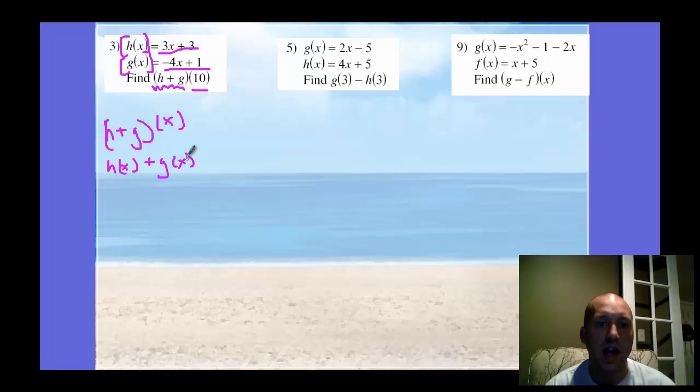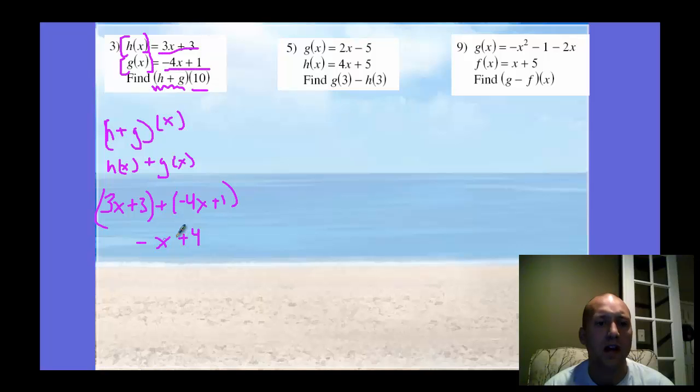So you're just adding the two functions together. If we write down the two functions, h of x is 3x plus 3, and we're going to add to it g of x, which is negative 4x plus 1. Then you just combine like terms, so you get negative x plus 4, that would be the result.